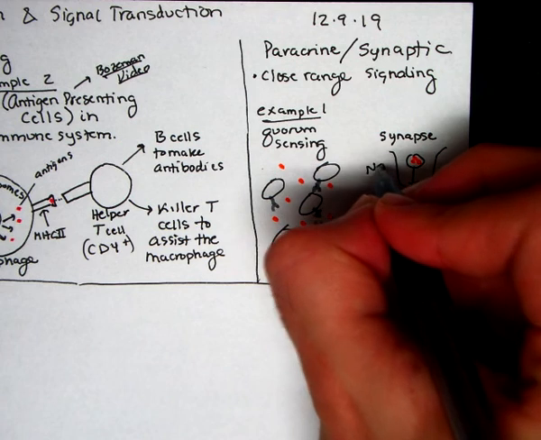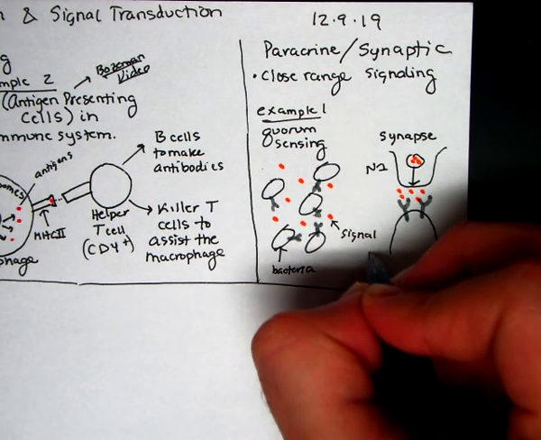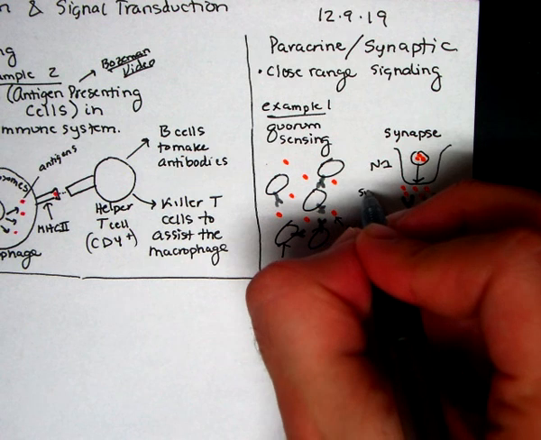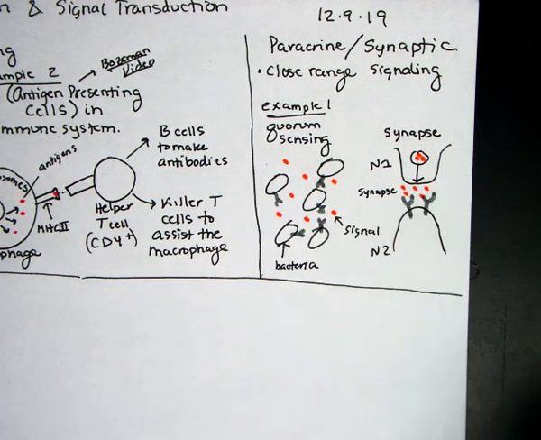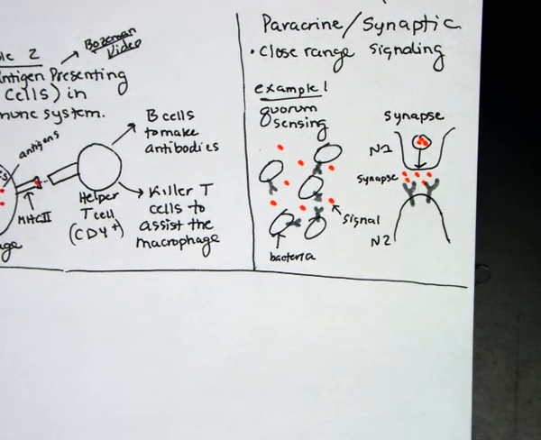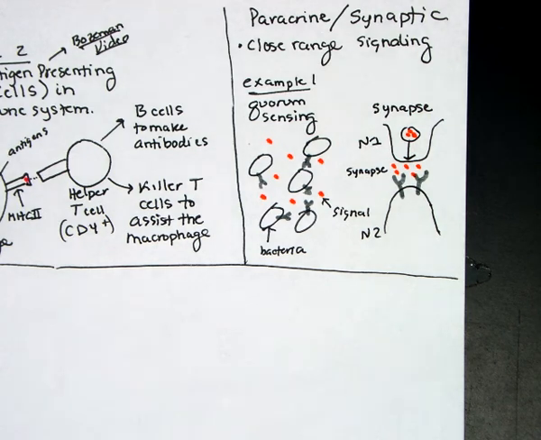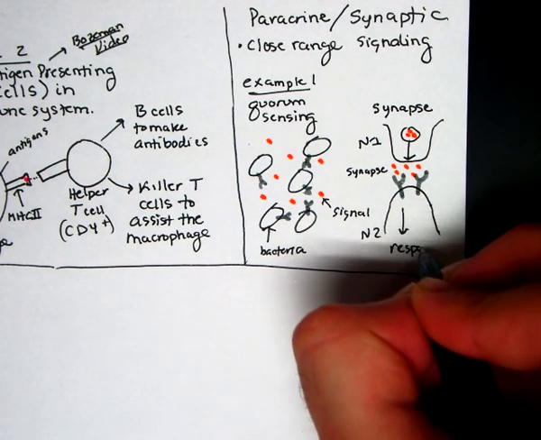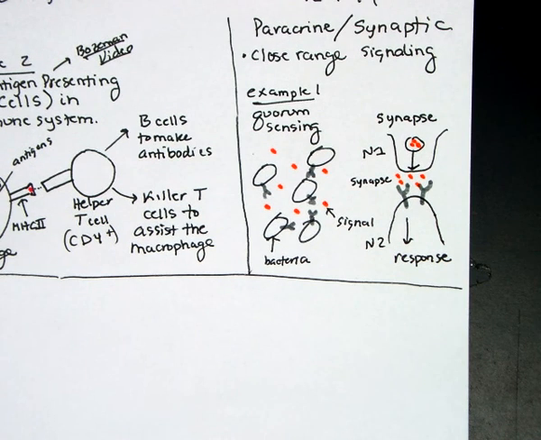This is N1. This is N2. Okay. This is our synapse right in the middle. Okay, those neurotransmitters crossing the synapse are received by the next signal and cause some response.